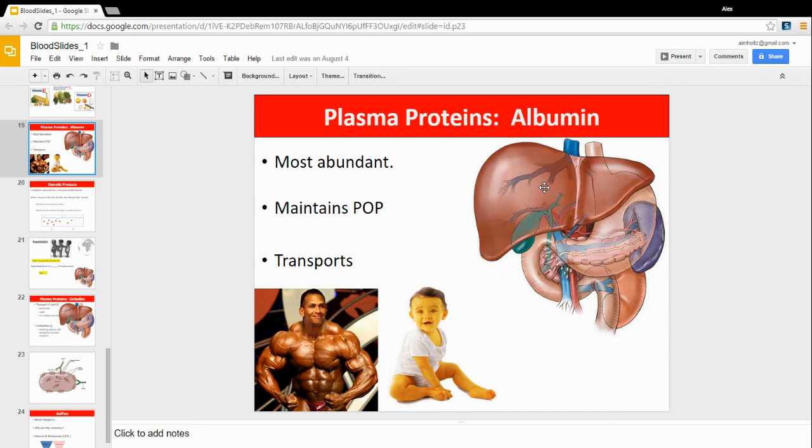Think about the normal steroid hormones that you have in your body. Also transports a red blood cell breakdown product called bilirubin that we're going to talk about a little bit later. Now, albumin is made by the big brown organ in the picture here, which of course is the liver.